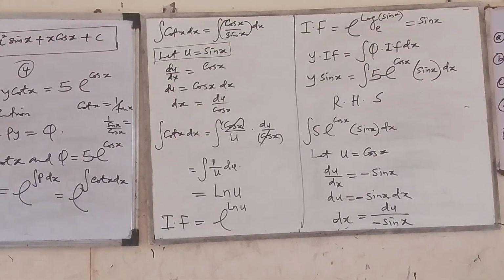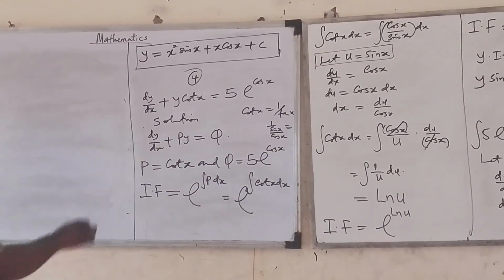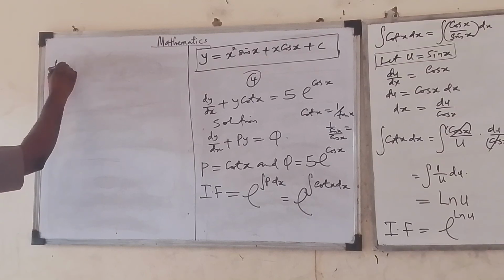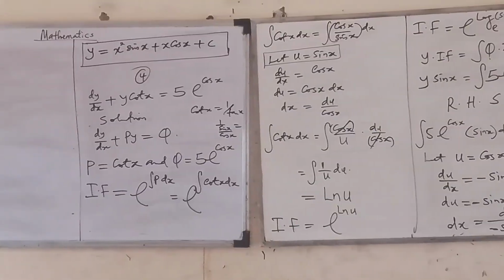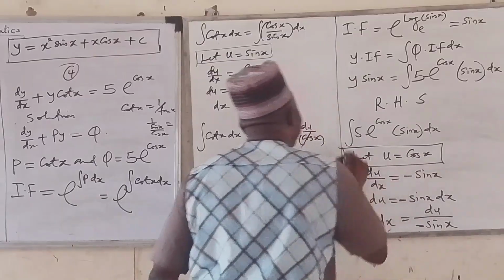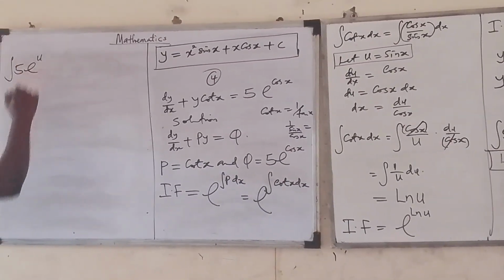So it therefore means here we are going to have the integral of 5 e raised to the power of cos x. Remember we said let u be equal to cos x, so in place of this cos x, we're going to put u there.